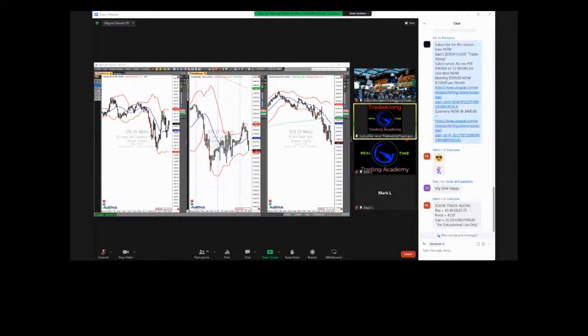That's finally a good rotation there. Like I said, I had made the adjustment a little bit lower there, so I stayed in with my 88 against the 89. I got a little bit of a pop back up here.